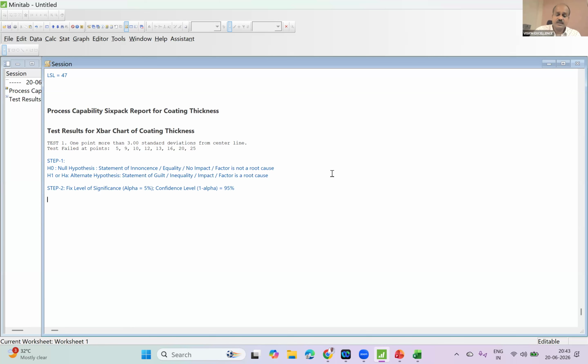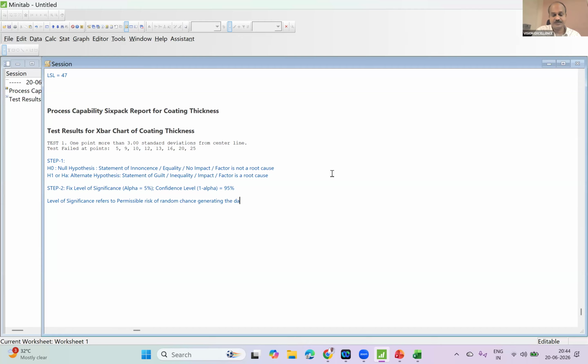And what is this level of significance? The level of significance refers to the permissible risk of random chance generating the data.